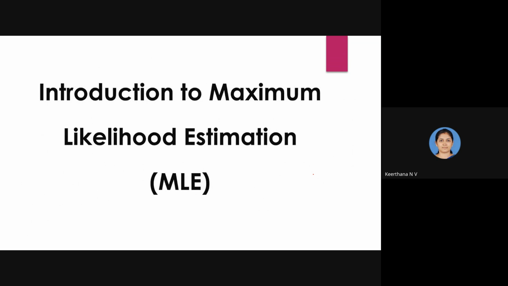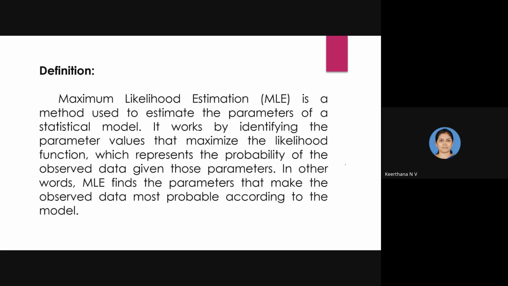So the next thing is an introduction to maximum likelihood estimation. There are several parameter estimation techniques, and we are going to deal with two of them: MLE, that is maximum likelihood estimation, and MAP. So what does MLE mean?